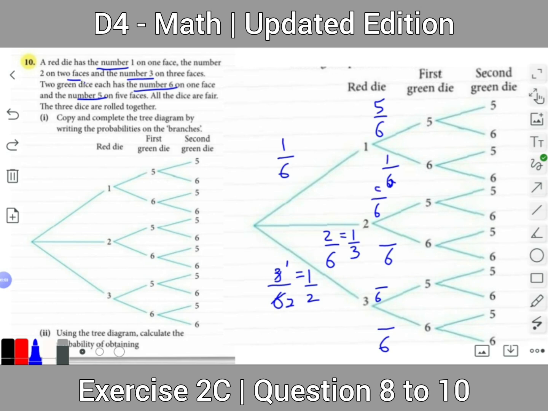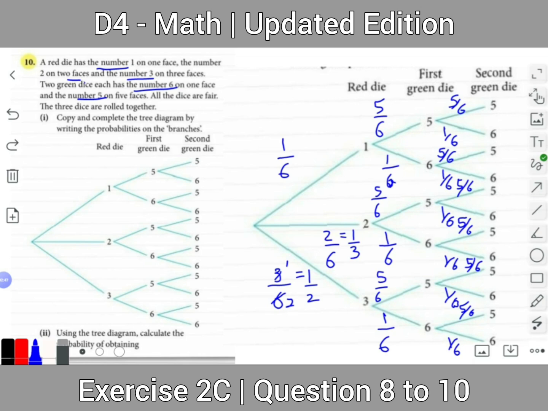Similarly, we have 5 over 6 and 1 over 6 on each branch, and the same thing repeats for the second green die, just because in the case of the green die we have the number 6 on one face only and the number 5 on 5 faces.